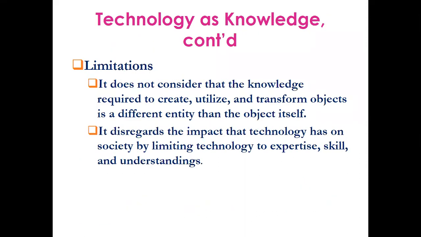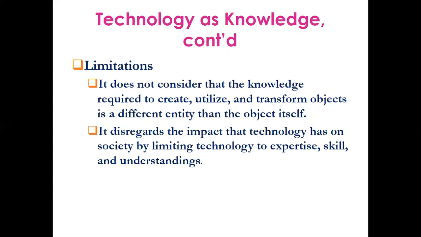Now, there's a limitation with the definition of technology as knowledge, metaphorically as knowledge. The limitation here is that it does not consider that the knowledge required to create, utilize, and transform objects is a different entity than the object itself. So even though there are two different distinctions of scientific knowledge and technological knowledge, this definition doesn't fall into that.